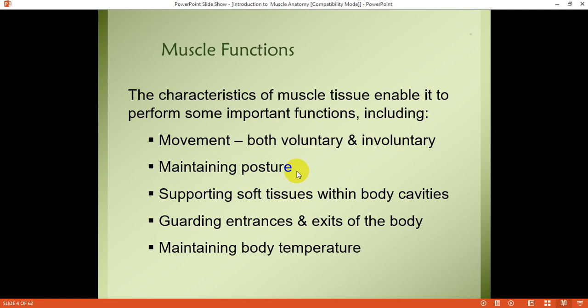During their activities, they produce heat energy and are also responsible for maintaining the internal heat of the body. They also support the soft tissue within the body cavities and protect them.